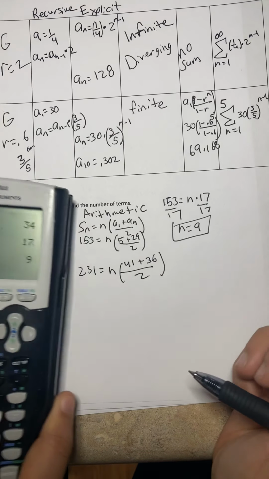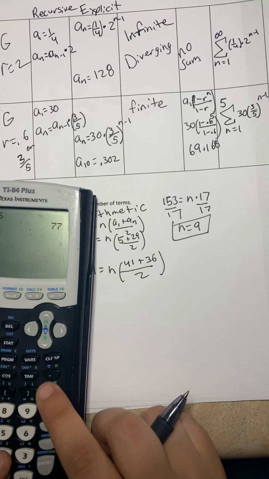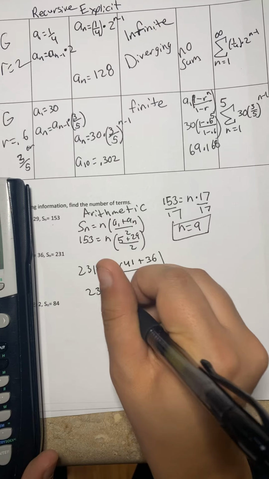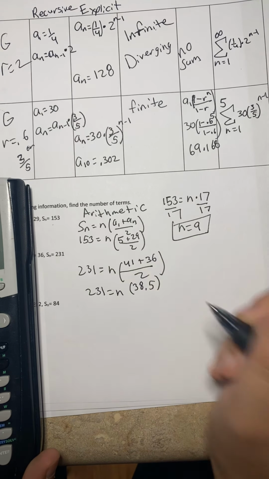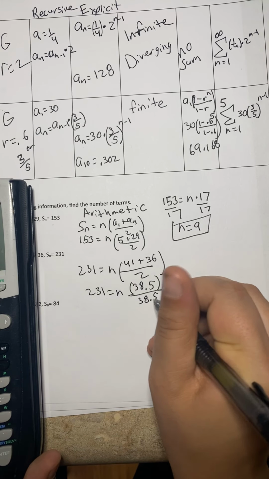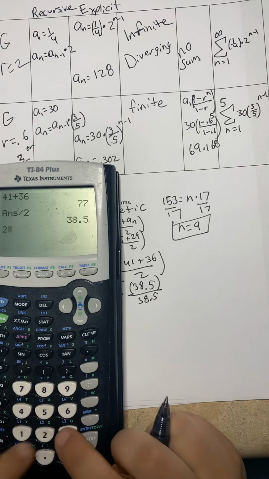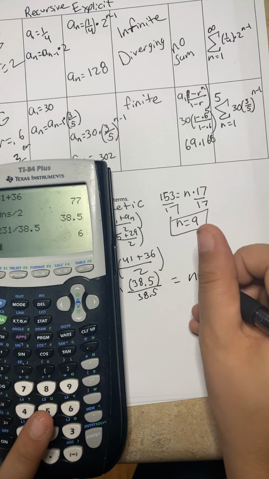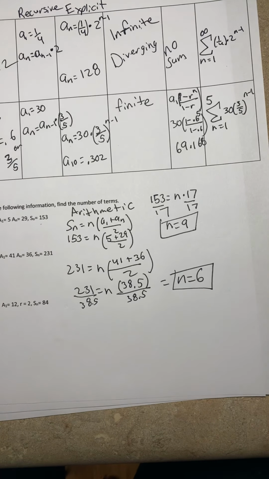I'm going to simplify inside my parentheses: 41 plus 36 divided by 2 gives me 231 equals n times 38.5. We divide by that on both sides, which gives me n equal to 6. So there are 6 terms in that series.